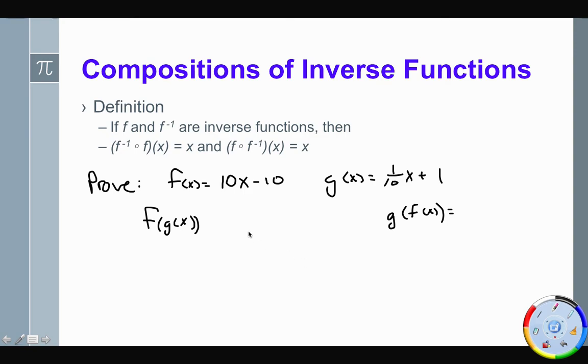Now, as we did in the last lesson, f of g of x says, let's take f of x and plug in g of x. So I'm going to take 10. Let's do this a little bit fancier here with some different colors. If I call g of x the red, so I'm going to take 10, which is part of f of x, and I'm going to plug in g of x.